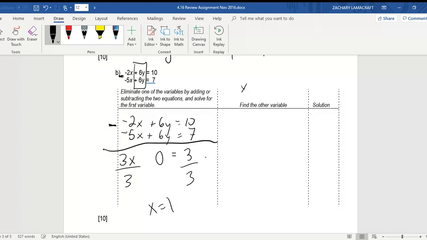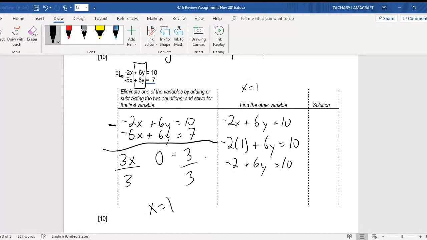Then if we just go to sub in x equals 1, let's just use the first one. We put the 1 into the x spot, so negative 2 plus 6y equals 10. 6y is equal to 10 plus 2, since we're on the other side, 6y being equal to 12.